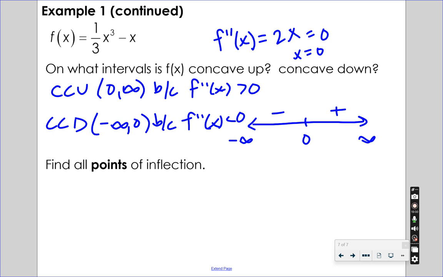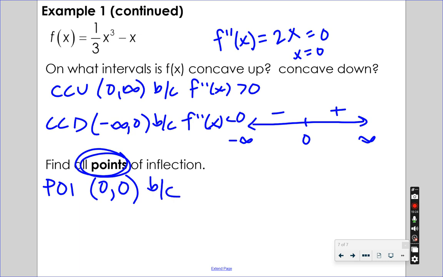Are there any points of inflection? Yeah, at x equals 0. So point of inflection, that is a point on the graph. So to get the y value, what do I plug this into? The original equation. So when I plug 0 in up there, I get 0. Because, anyone remember the justification for this?